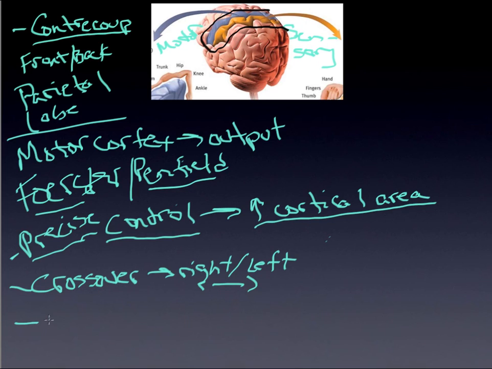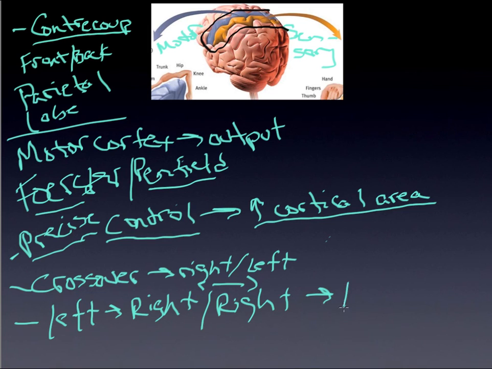The general principle is that it's a left to right principle, if you will, and vice versa, a right to left principle, particularly when we actually look at the vision, for example. And these are just key concepts to understand what we're talking about when we talk about the motor cortex and so forth.